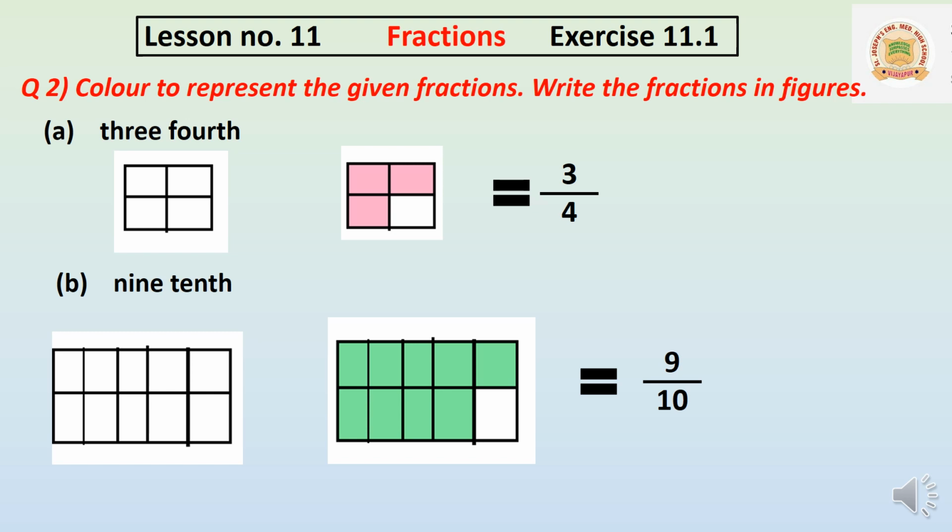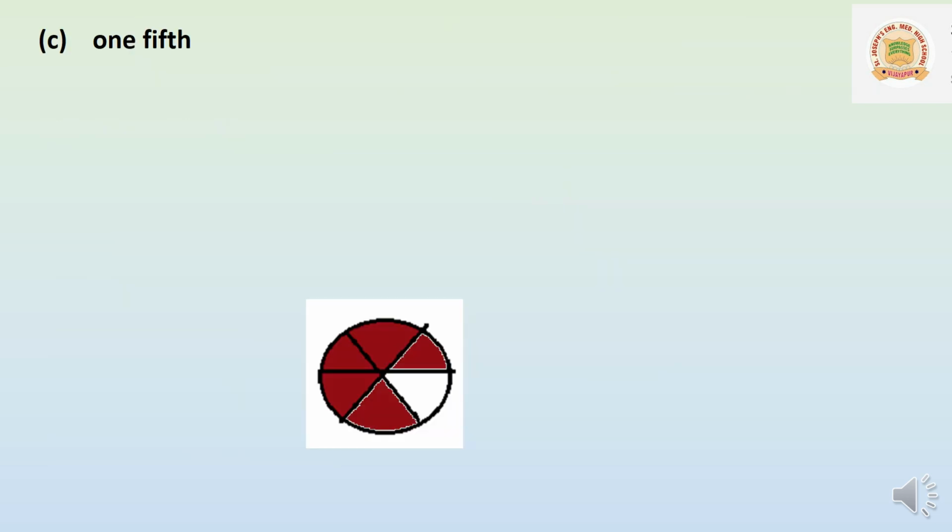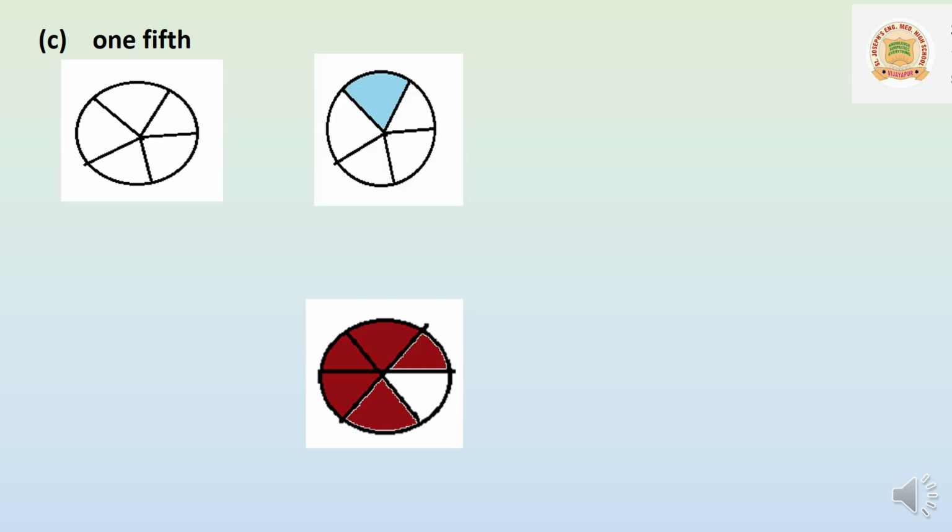In the numeral, 9 is the numerator and 10 is the denominator. Next one. 1/5. So 1/5 means 5 parts are there, and 1 is shaded. So 1/5.